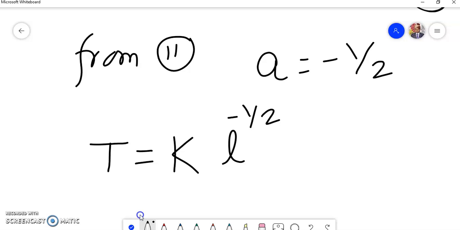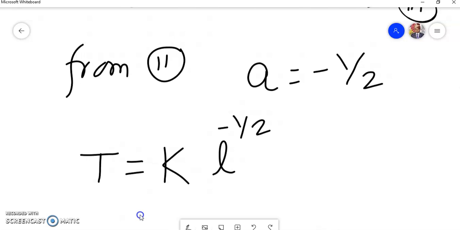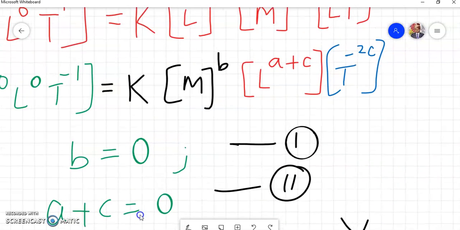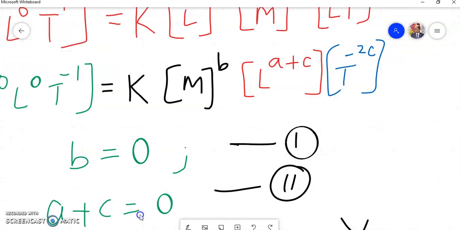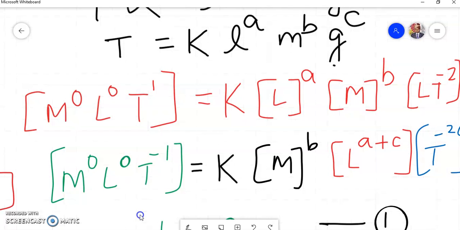L is equal to, as you can see here, 2C is equal to -1. Oh sorry, one mistake has been committed here. Time should not be -1, and that's what I was checking for you. It should be +1.